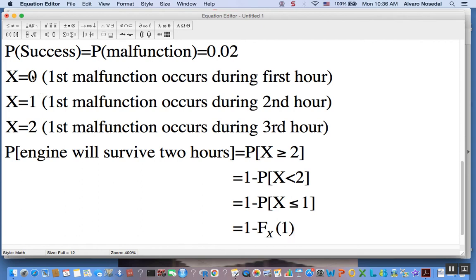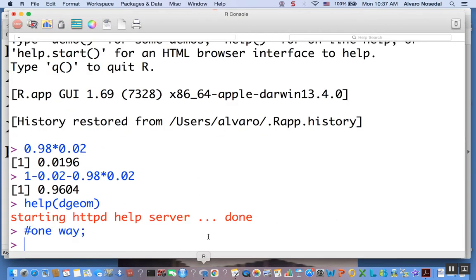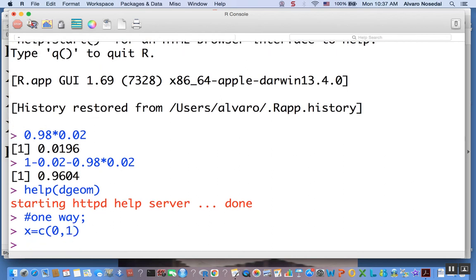We know that the support for the random variable x starts at 0, so that means 1 minus the probability that x equals 0 and x equals 1. Let me create a vector x that contains 0 and 1 as its elements.